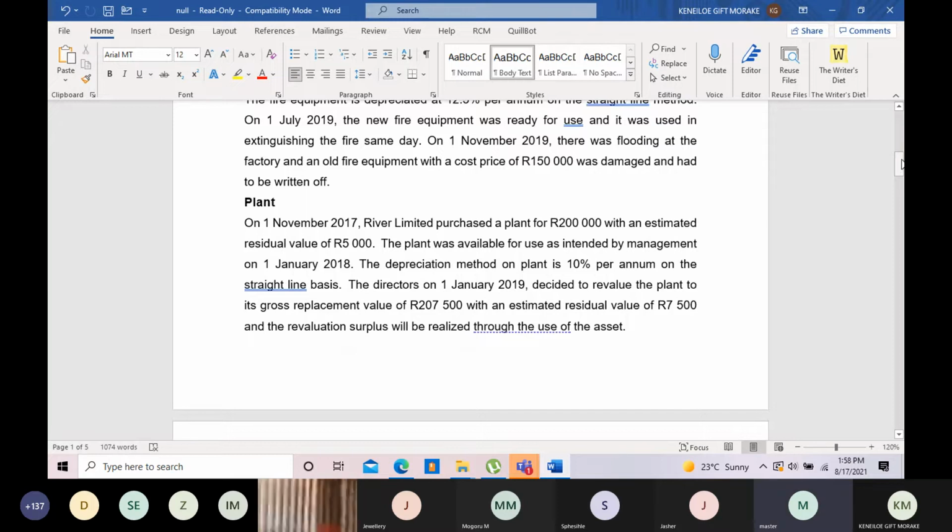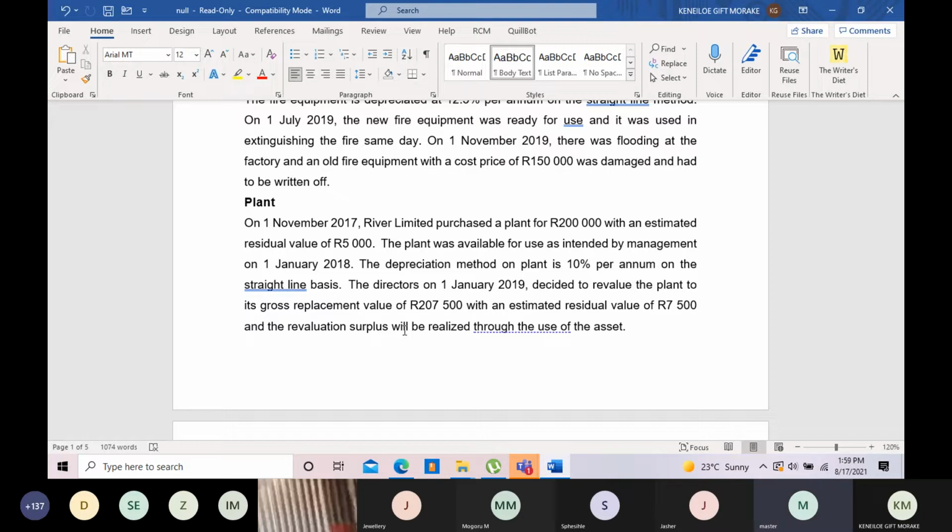Once they give you the gross replacement amount, you must know that something is now being added on top of the original cost. The original cost here is 200,000 with its residual value of 5,000. When they give you the gross replacement value, it will be above that original cost.